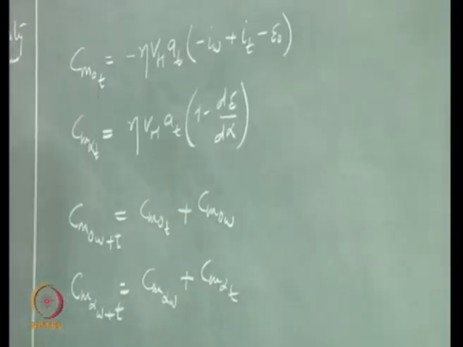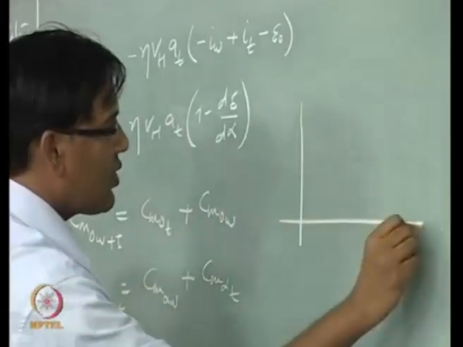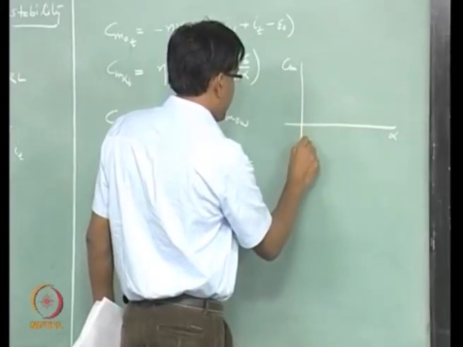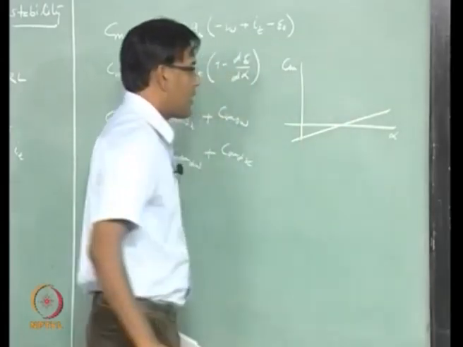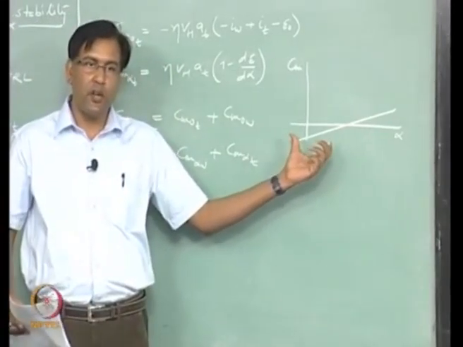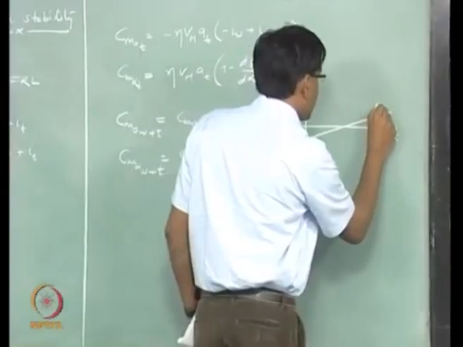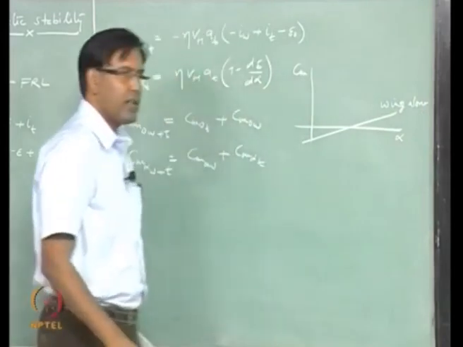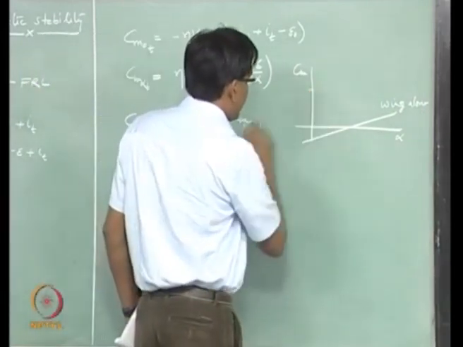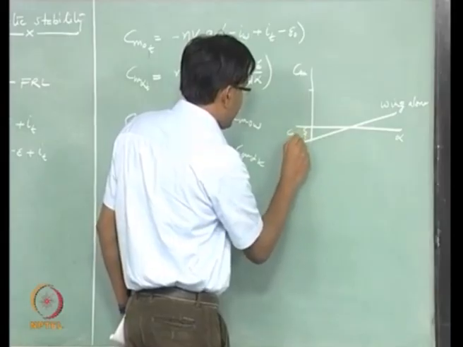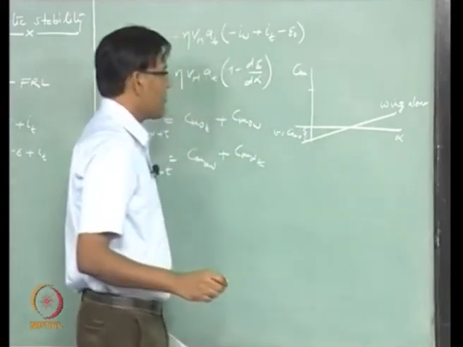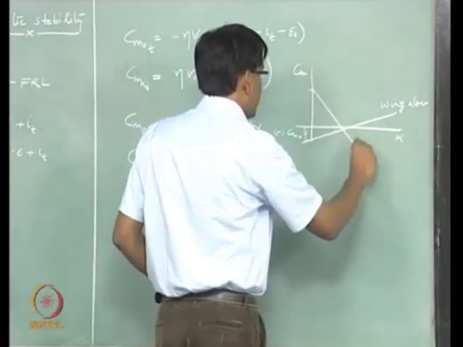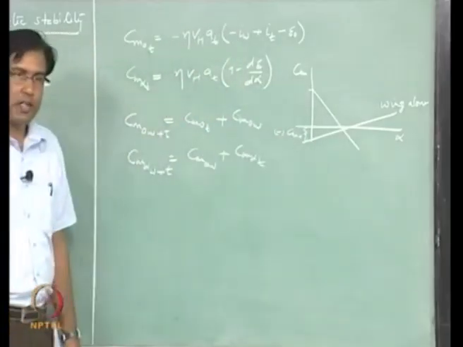Okay. So, if you want to look at it graphically, what is happening is this. This was the wing alone contribution to the Cm alpha curve, right. The tail alone contribution may be something like this, right.